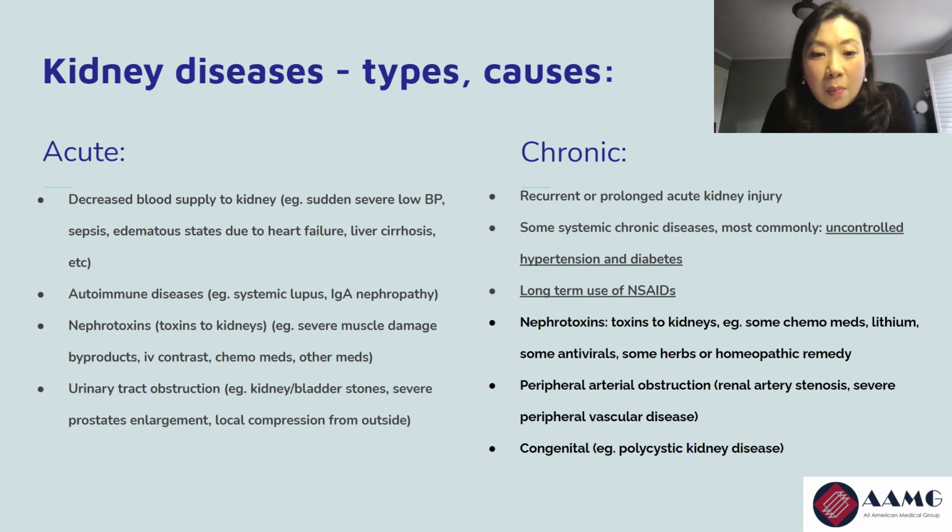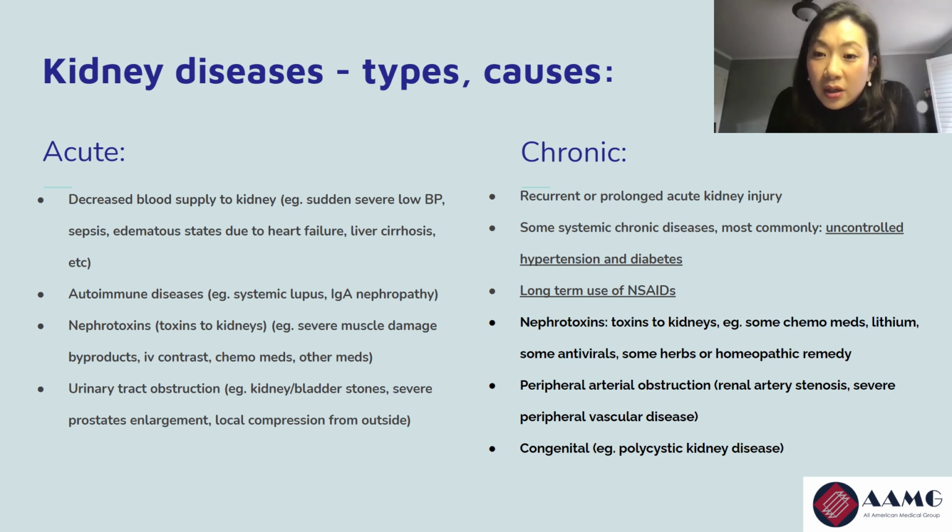And also if the pipe gets obstructed or blocked, for example by kidney stones, bladder stones, in men a very enlarged prostate, or compression from outside the pipe by a tumor, these can cause acute kidney injuries as well.